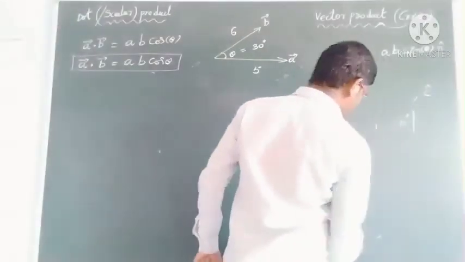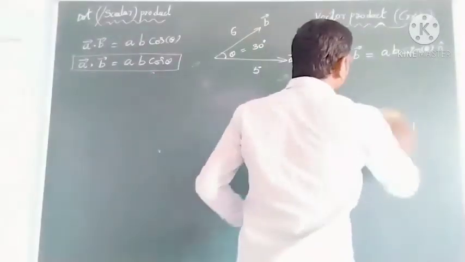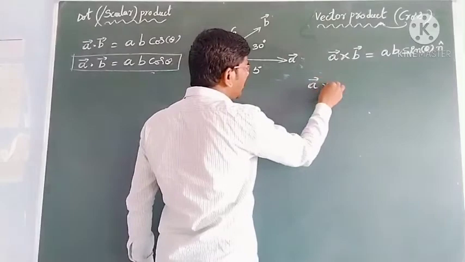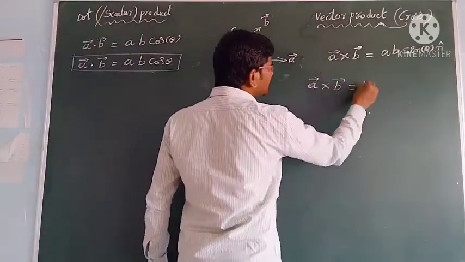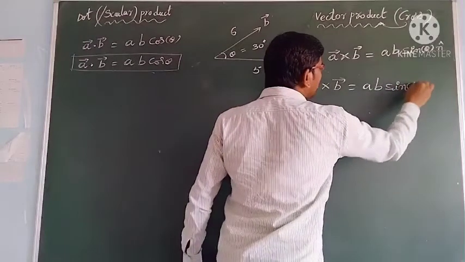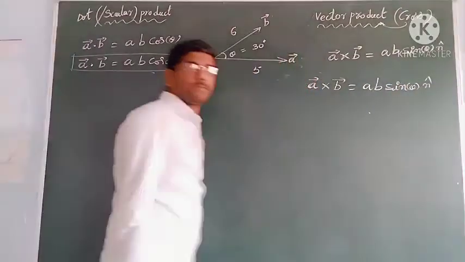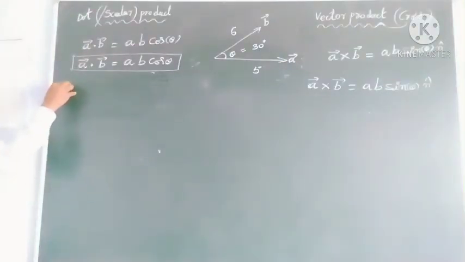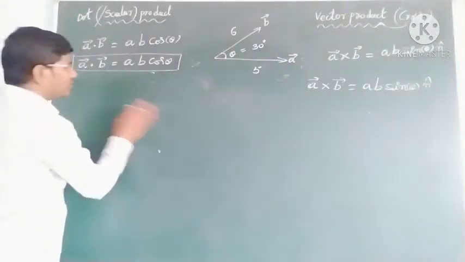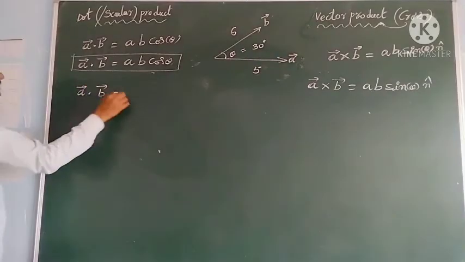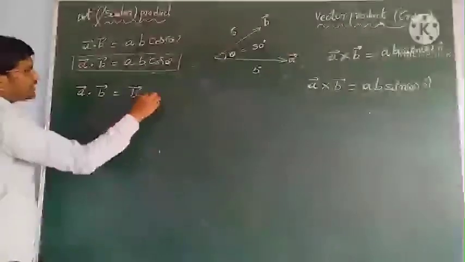Okay students, now see what we have written here. A bar cross B bar is equal to AB sin theta into n cap. This is our formula. Now take the commutative law. A bar dot B bar is the same as B bar dot A bar.